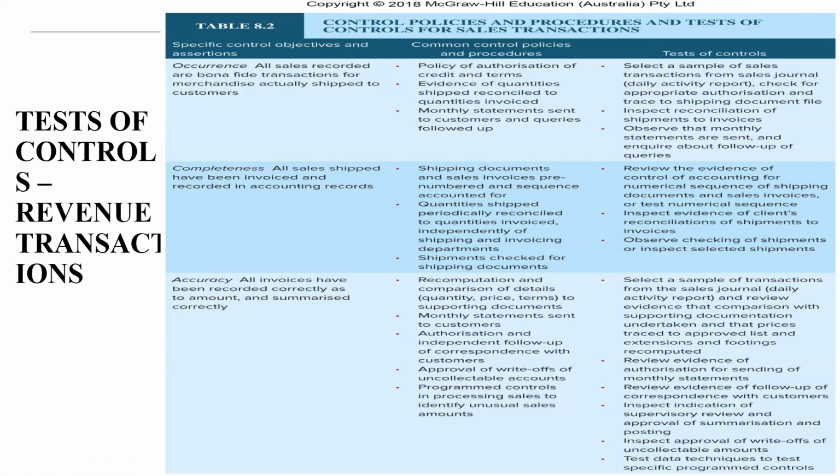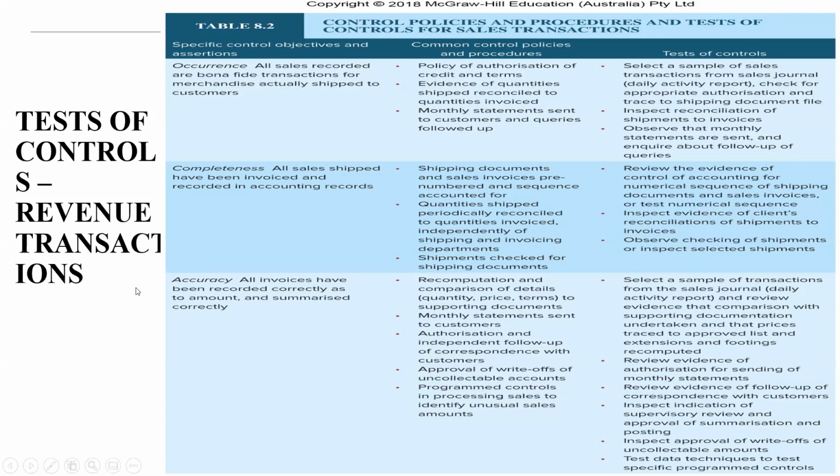In terms of the controls of revenue for accuracy, that means all the shipped goods, all the invoices have been recorded correctly, accurate in all the details in terms of amount, in terms of the overall value, in terms of the summarization, in terms of the transaction details, right?